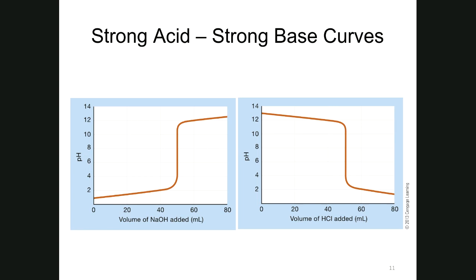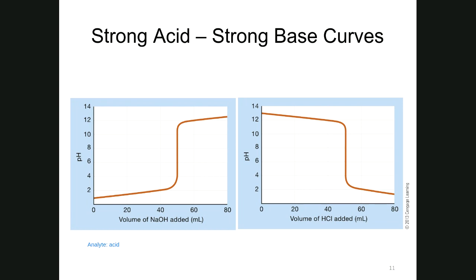So for this first curve on the left, we can see that it starts at a very low, a very acidic pH. And so usually your pH probe is in your flask. It's not in your burette. So that means that in the flask, we have acid. So our analyte in this particular instance is an acid.